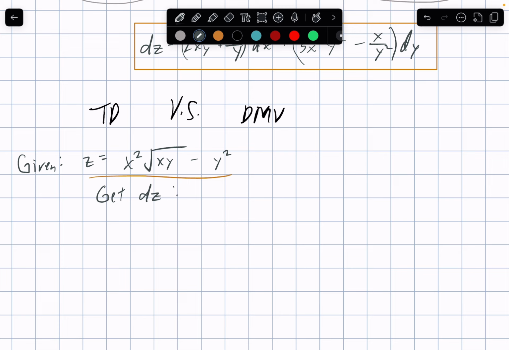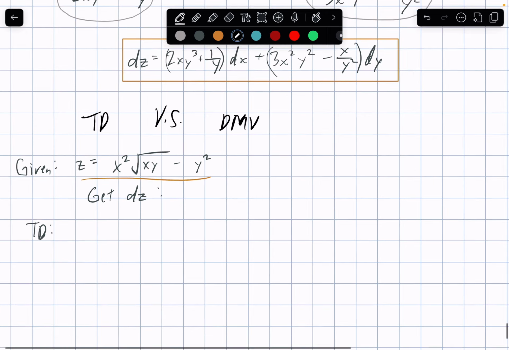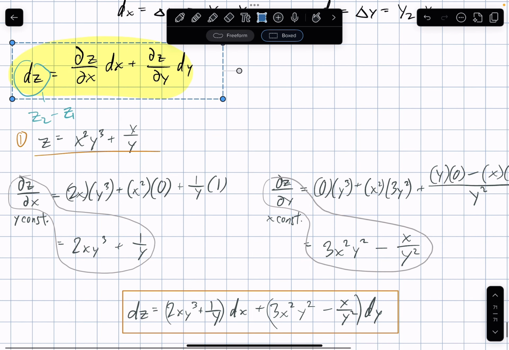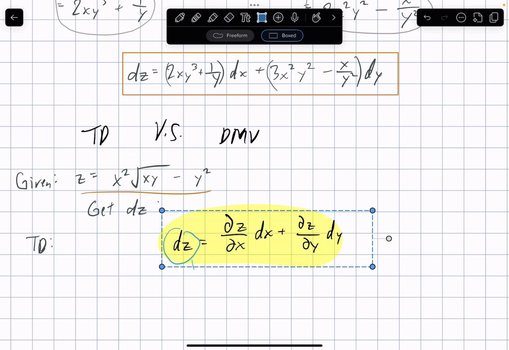But I don't think I'm going to show you the complete solution for each method. Using total differentials, let me rewrite first the formula so it's easier to visualize.